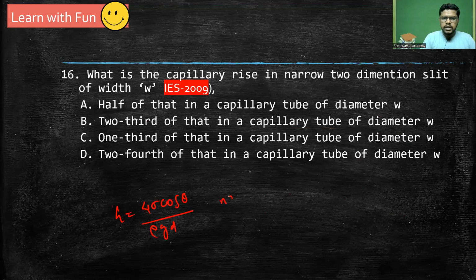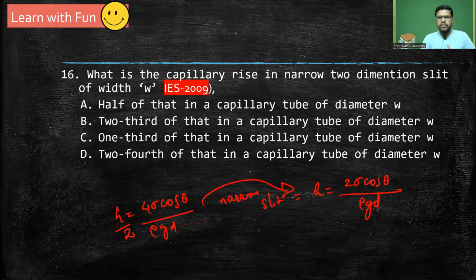When there is a narrow slit, the formula, just to remember it, is h equal to 2 sigma cos theta divided by rho g d. So you just have to find out how many times it is the capillary rise inside the tube. It is half: if you divide h by 2, you will get the value of rise of capillary for the slit. So option A is the correct answer.